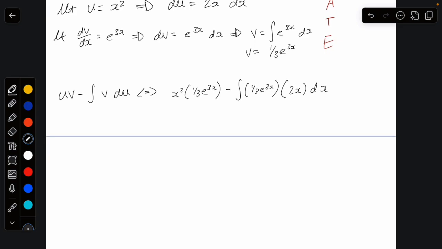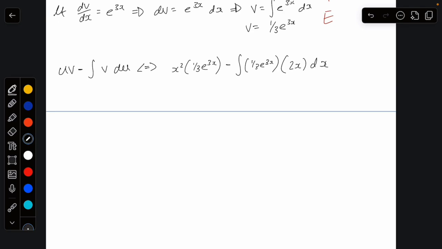We can just rewrite this now. We're going to get a third x squared e to the 3x minus 2 over 3 x e to the 3x dx.